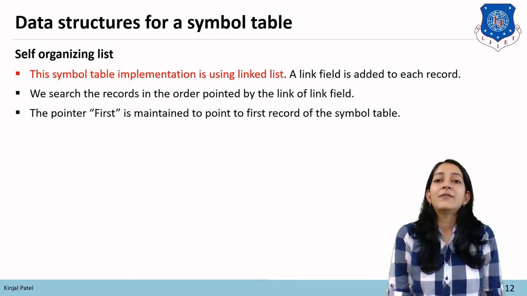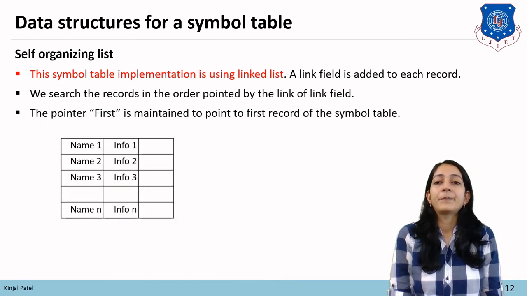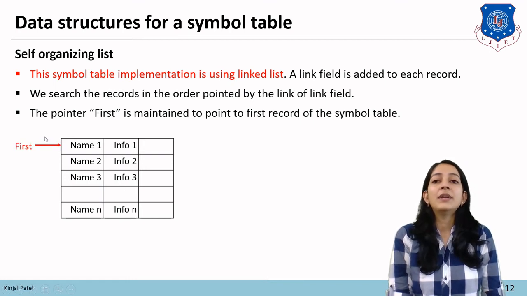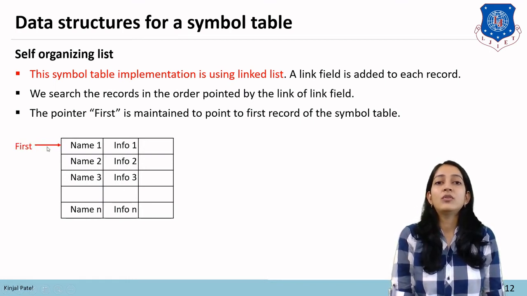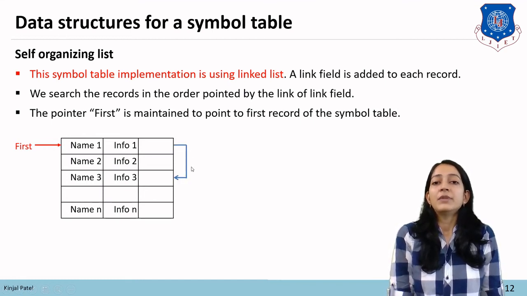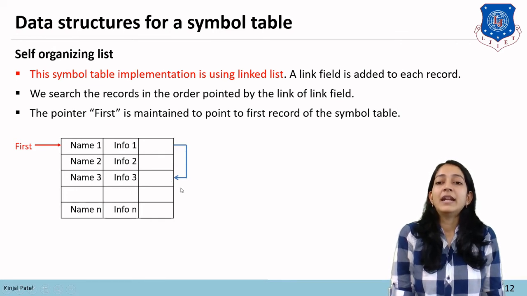The pointer first is maintained to point to the first record of the symbol table. So here is the name and its information. We link the record which comes after that variable.